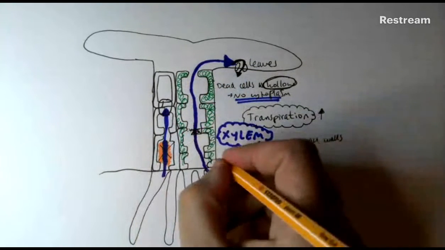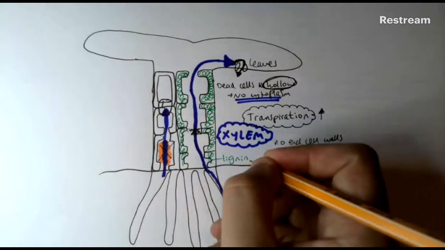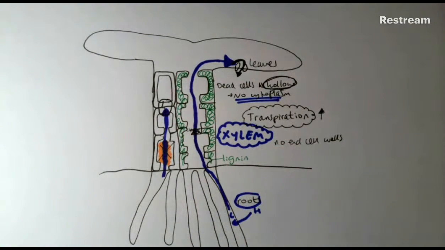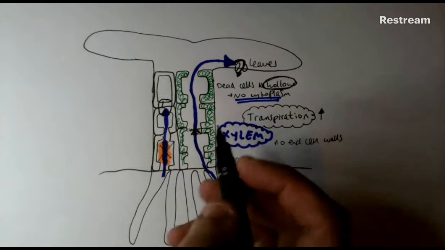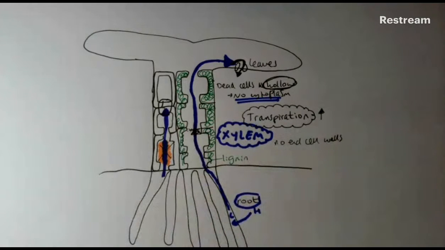In an exam, there was actually a 6-mark question on this, not that long ago, a couple of years ago. It was Edexcel, but it was to compare the xylem and the phloem, which we're going to talk about in a minute.